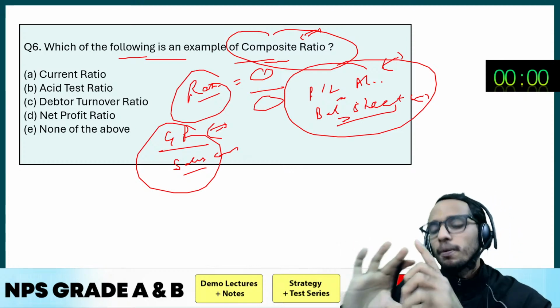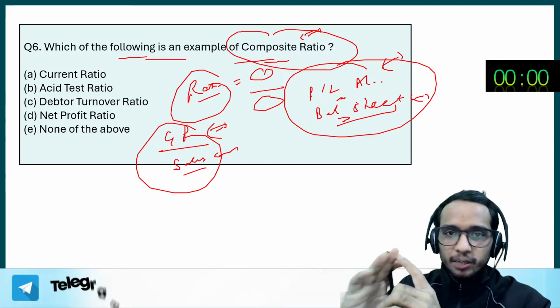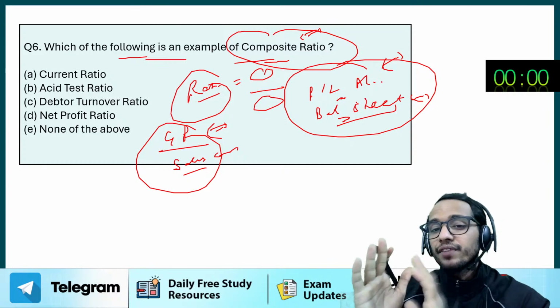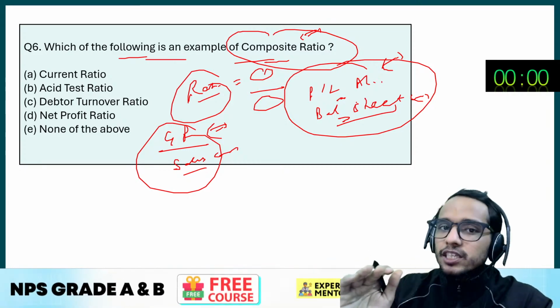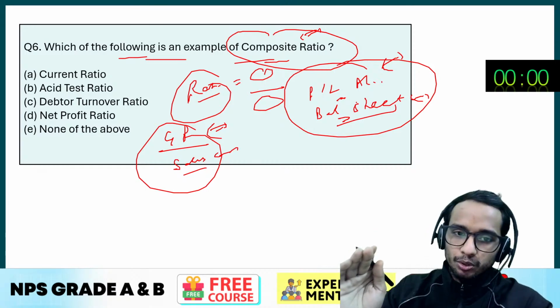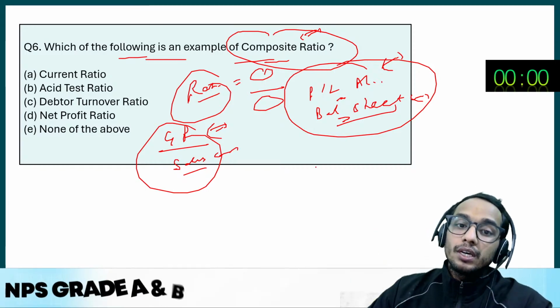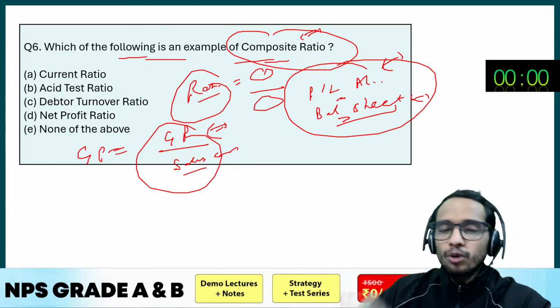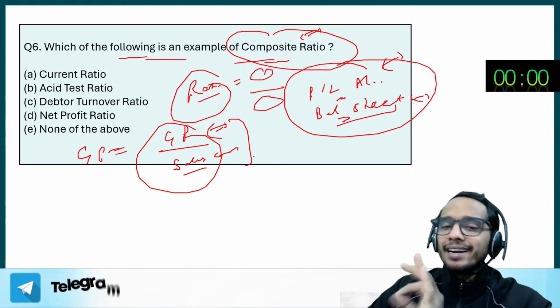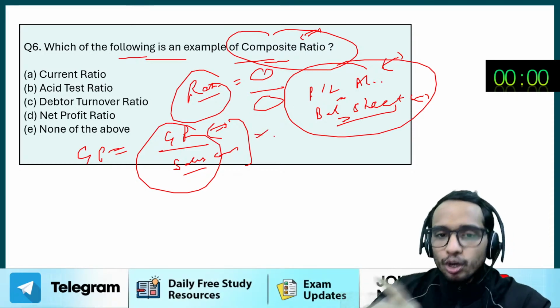If you are using variables only from one type of financial statement, then it is not a composite ratio, just like in the gross profit ratio, which is gross profit divided by sales. Both are items of the P&L account, so this is not a composite ratio.